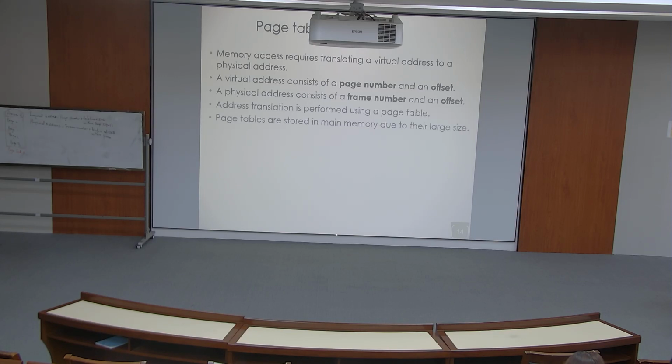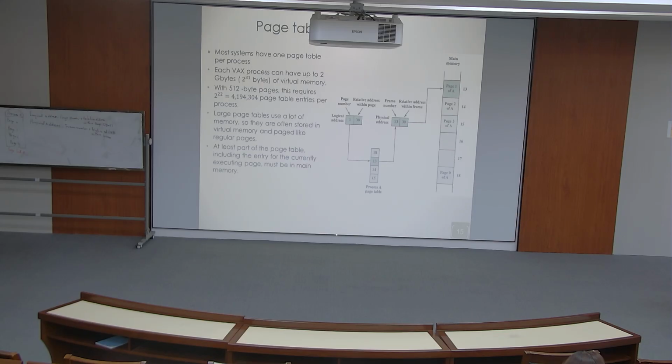Now, page tables are stored in the main memory due to their big size. All the page tables for the processes need to be stored in the main memory because they have a big size. Now, page table structure.